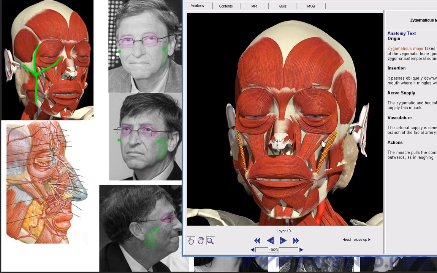So the major and the minor zygomatic muscles both start at the zygomatic bone. The lesser goes here and joins the orbicular mouth muscle and the skin, and the greater goes to the mouth corner.